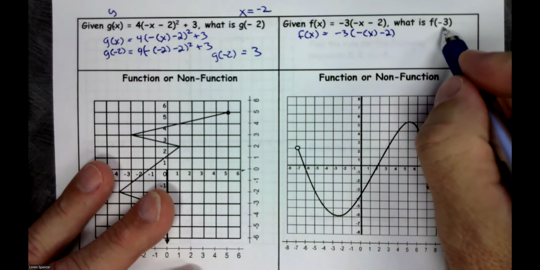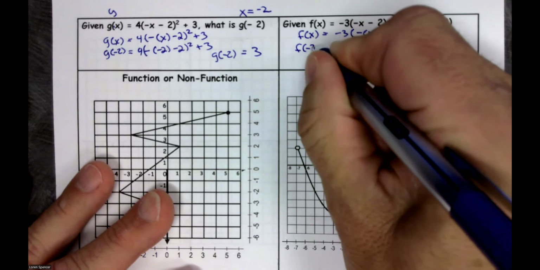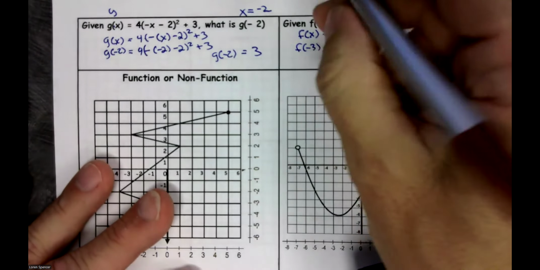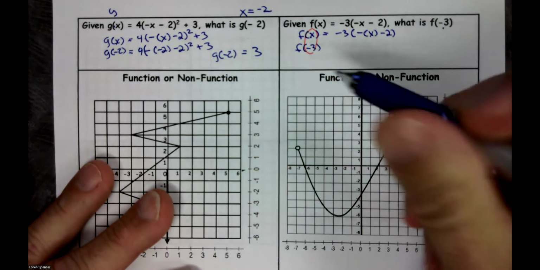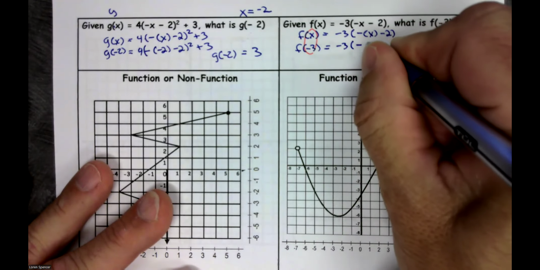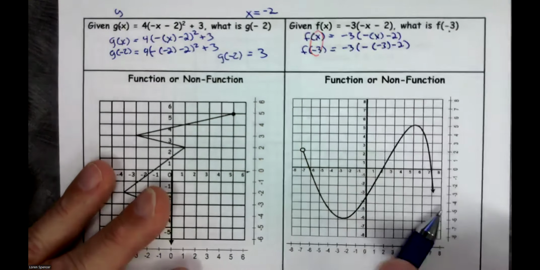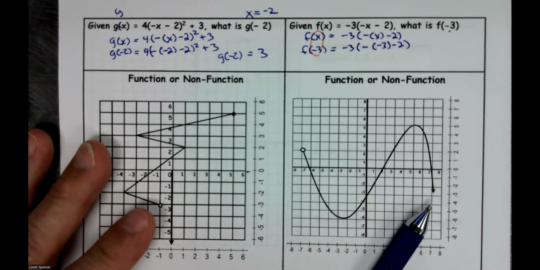So I'm going to have f of negative 3, and wherever the x is, I'm going to replace x with negative 3, equals negative 3, parentheses, negative, then a negative 3, minus 2, close those parentheses. All right, so we're going to switch back over to Desmos and see how that goes.